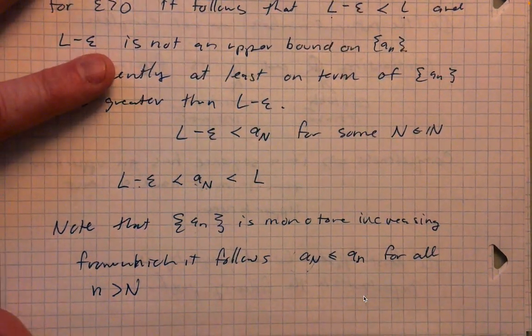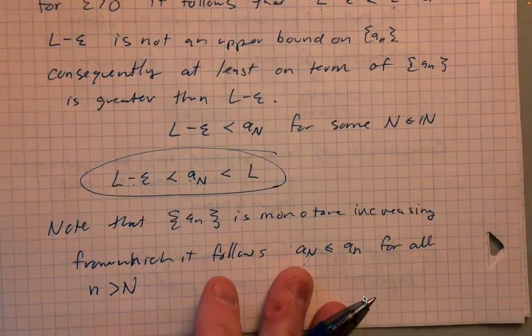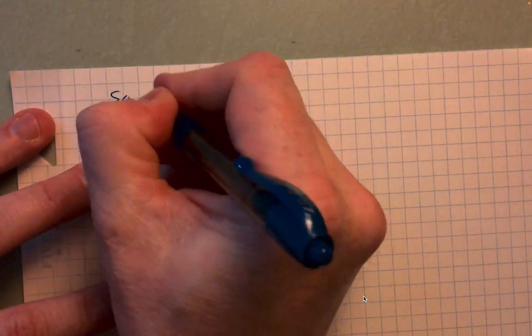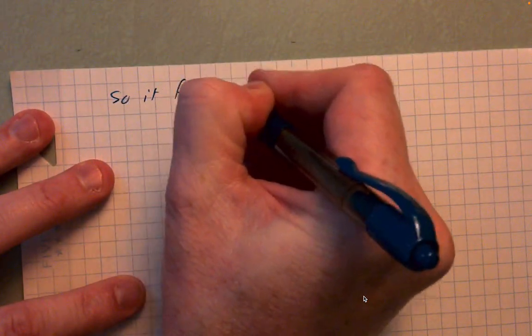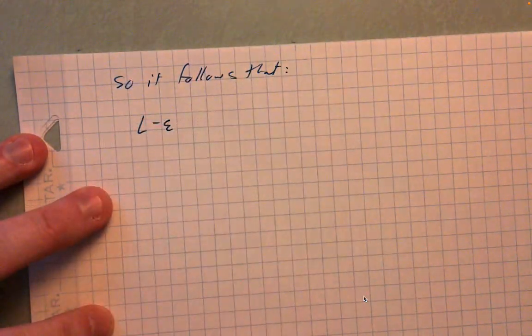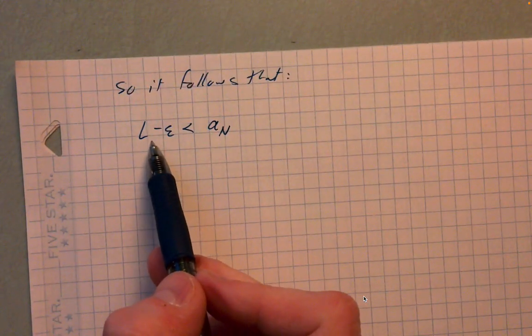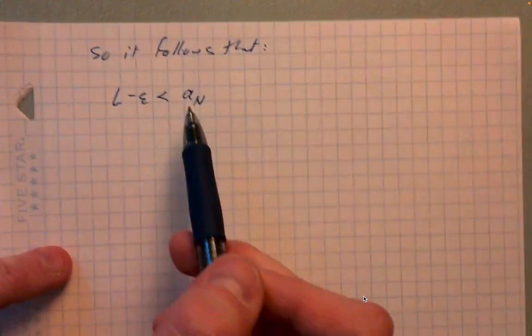Okay, so we can take this idea and add some more quality to it. So it follows that we've got our L minus epsilon, and that is less than A of n, specifically because this is not an upper bound, and by definition that just means that some terms of the sequence are larger than it, and that's what we have here.